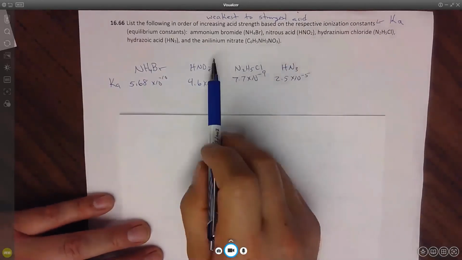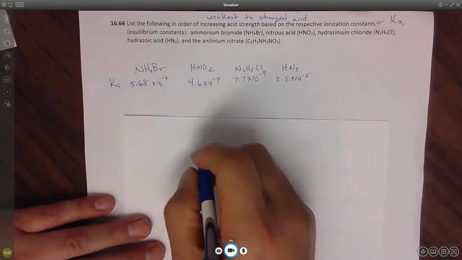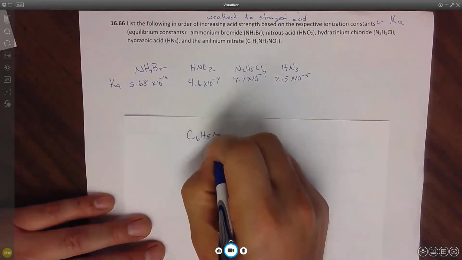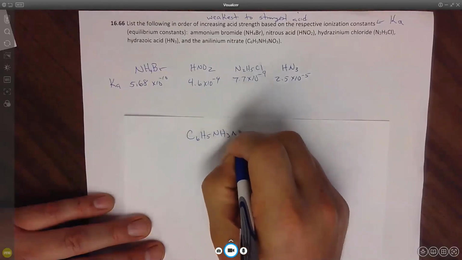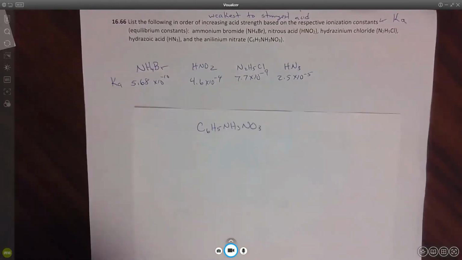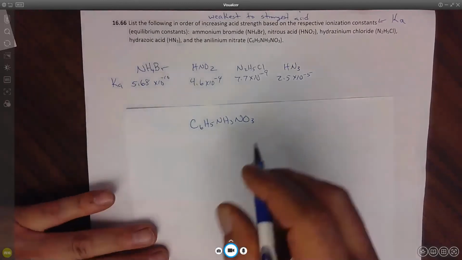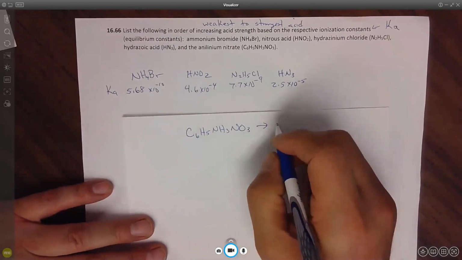And then finally, I have aniline nitrate. Who wants to tackle it? The more you practice this, the more you learn. So the aniline nitrate would break down because it's aqueous, and form what?